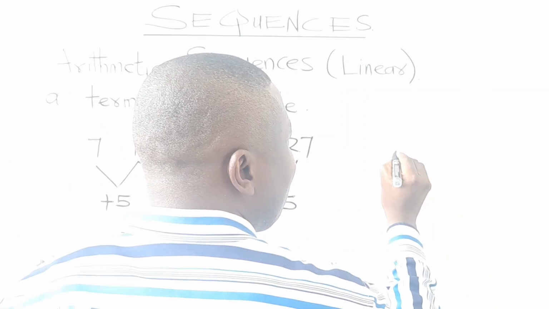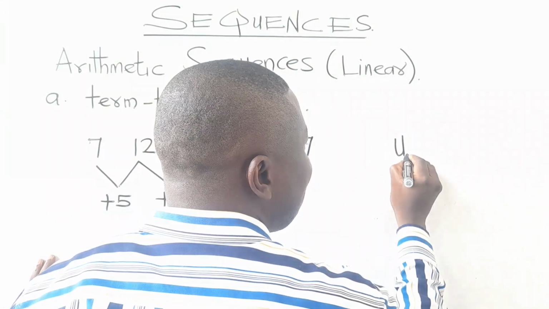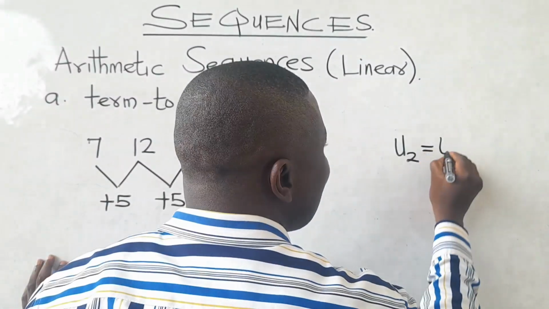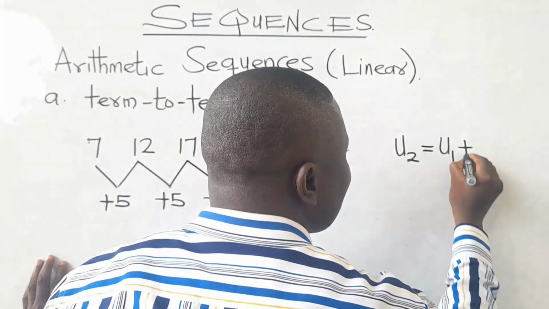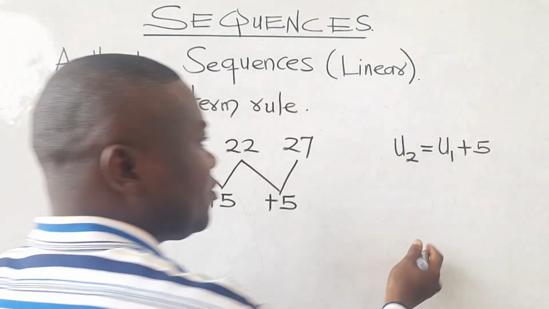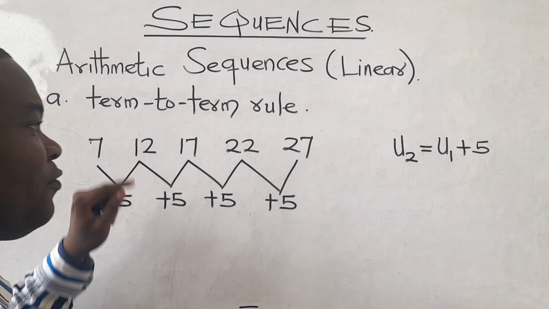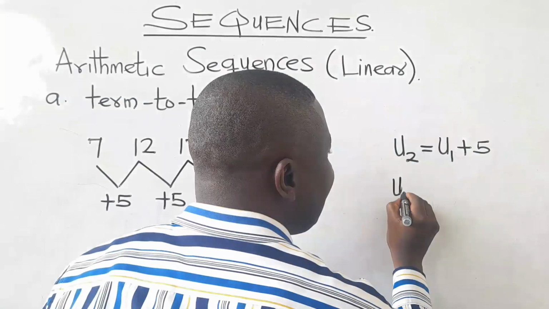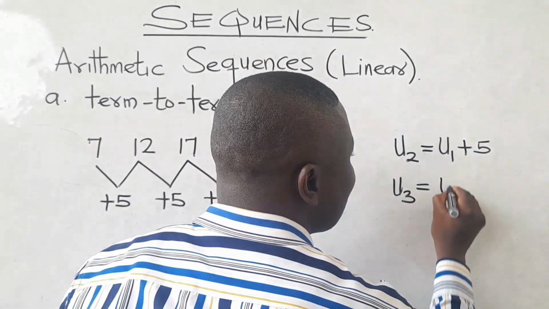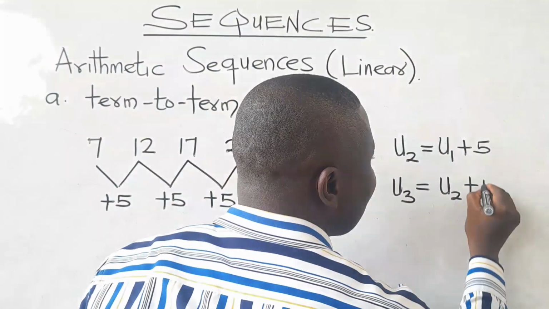To get U2, it must be U1 plus 5. 7 plus 5 is U2, which is 12. To get U3, it must be U2 plus 5.